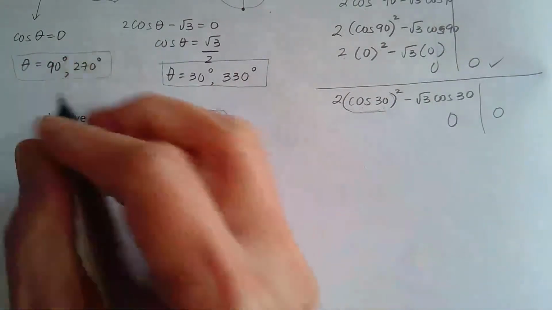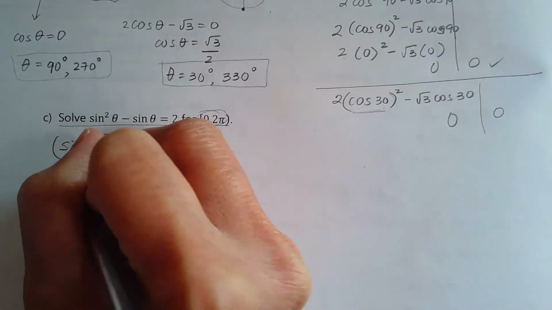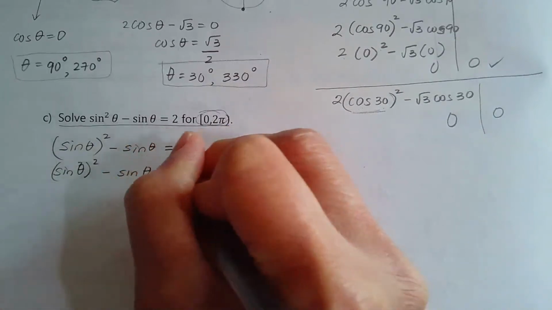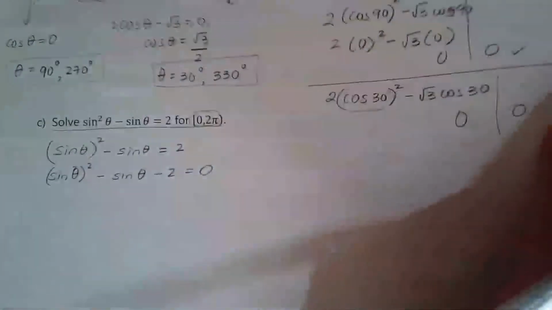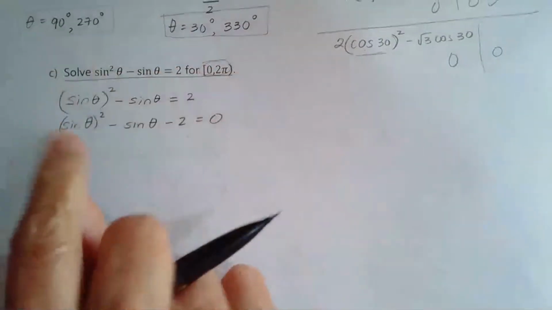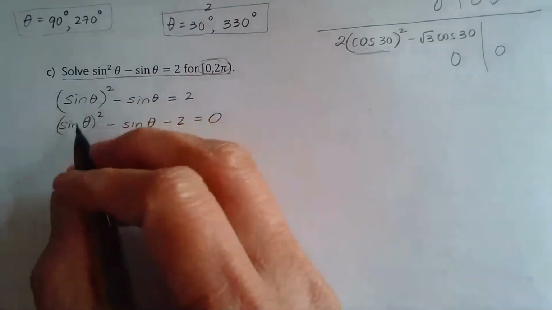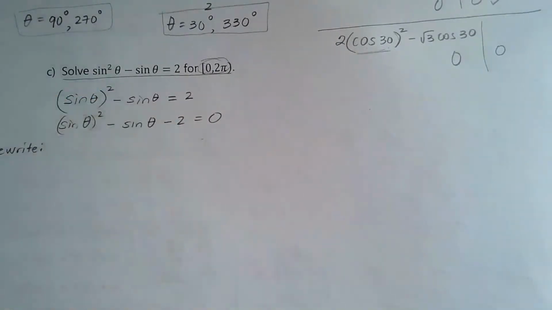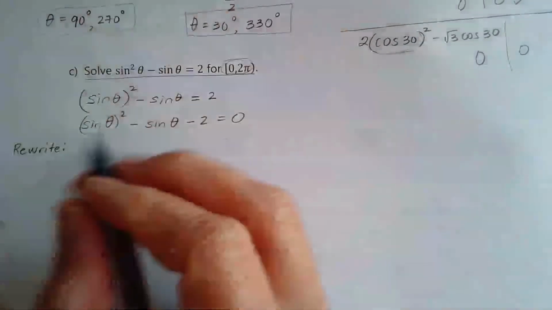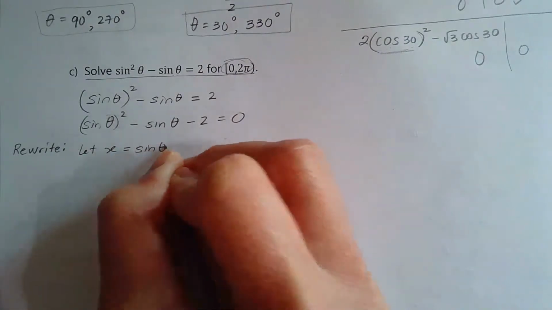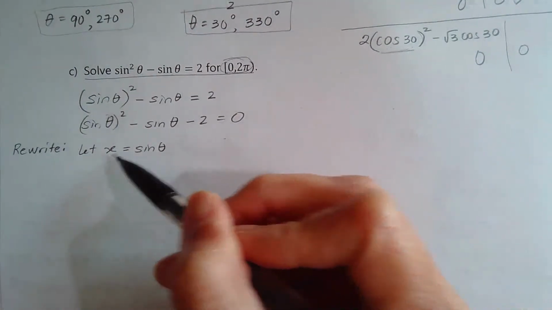We bring this one to the other side. So sine theta all squared minus sine theta minus 2 equals 0. This is the one I was talking about earlier, where it would be nice to rewrite it. We're going to let x equal sine theta.